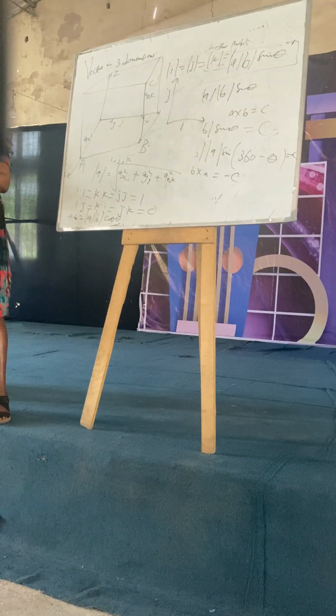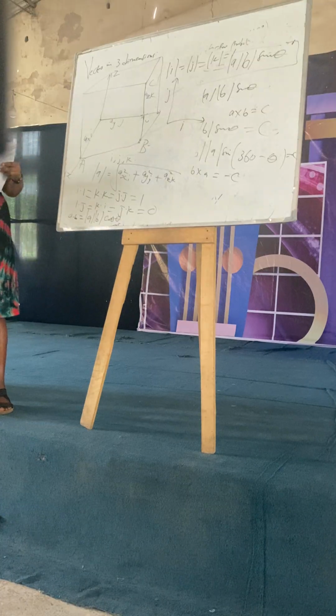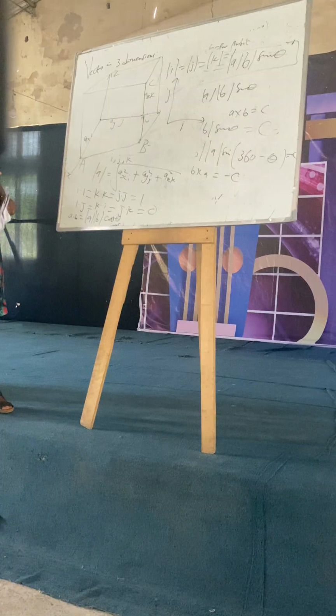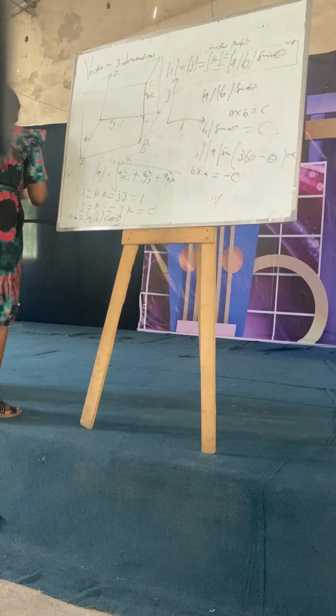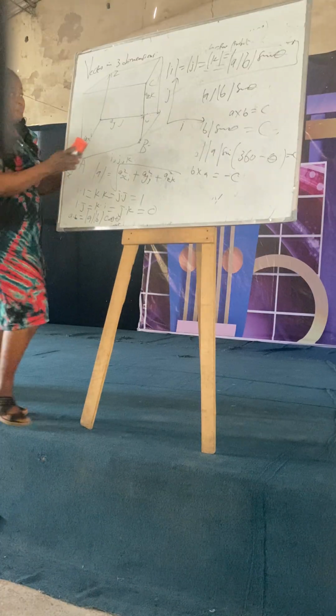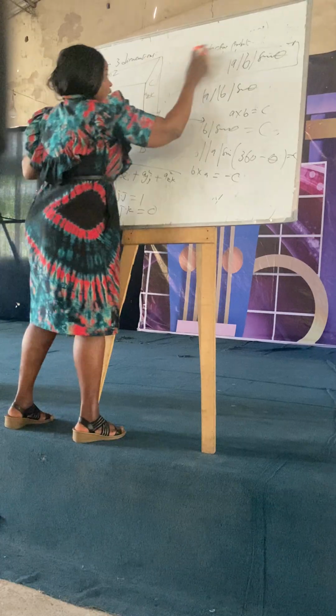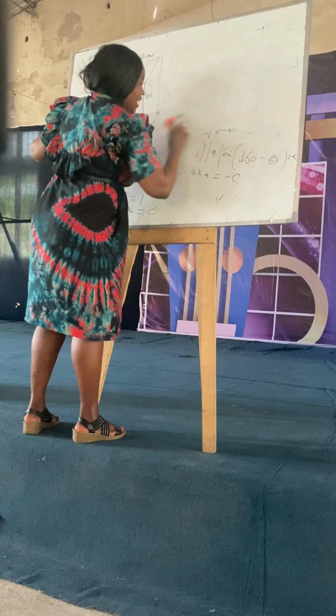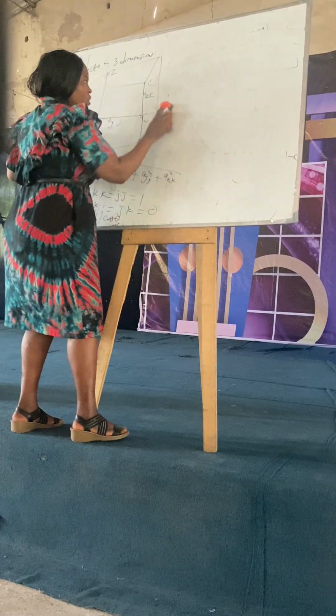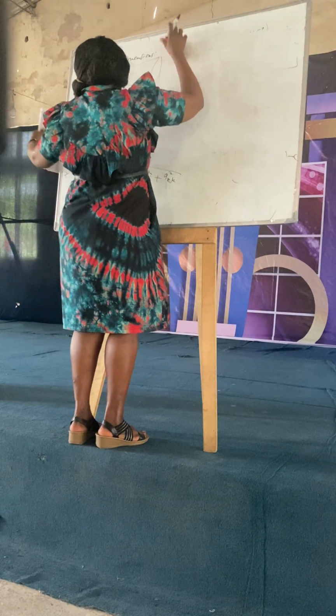For instance, take note, let me write what you have to take note of under this vector product we are talking about. I said that this unit vector obeys this form.